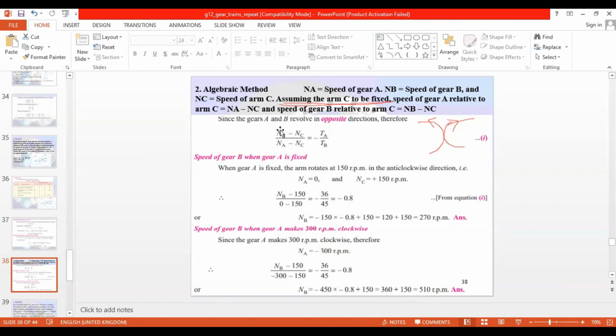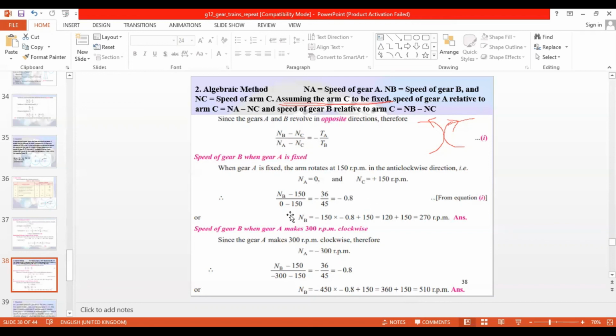In this equation, I'm going to substitute NA and NC because NB I have to find. NB minus 150 upon NA, which is 0 because it is fixed, minus 150, equal to minus TA upon TB, which is minus 36 upon 45, equal to minus 0.8.